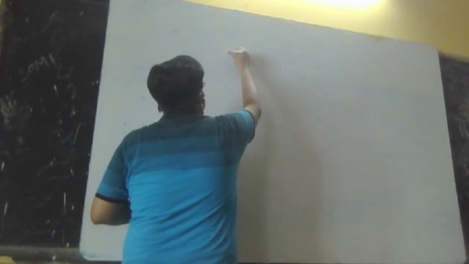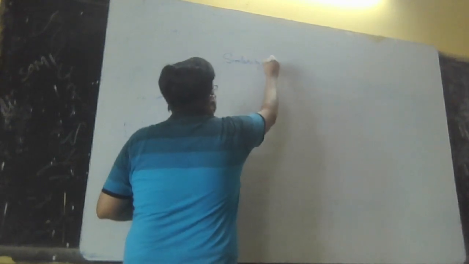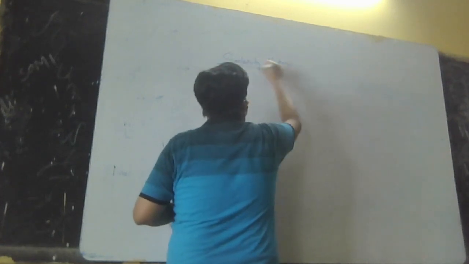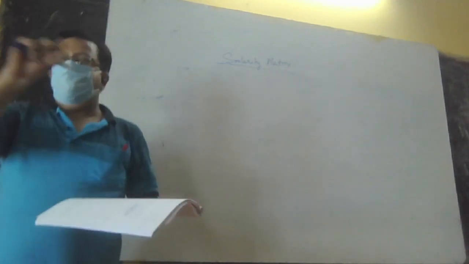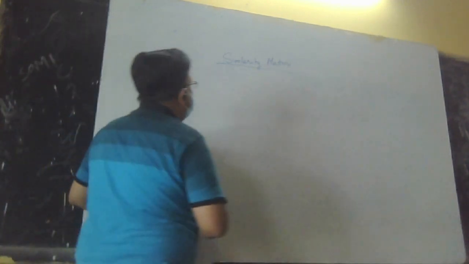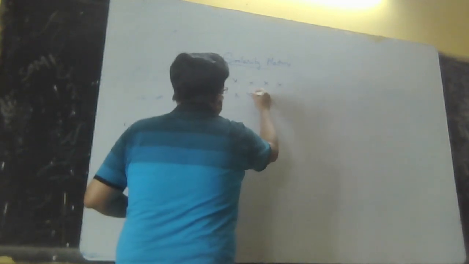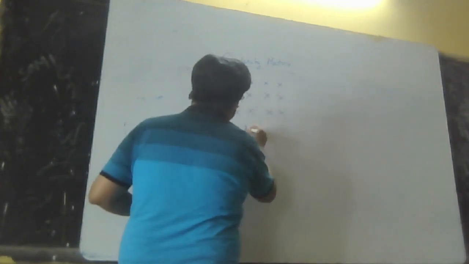Then we are talking about another term, similarity matrix. A matrix is an array of points or numbers, one after the other in a particular orientation. They are organized. This is a 3 into 4 matrix.